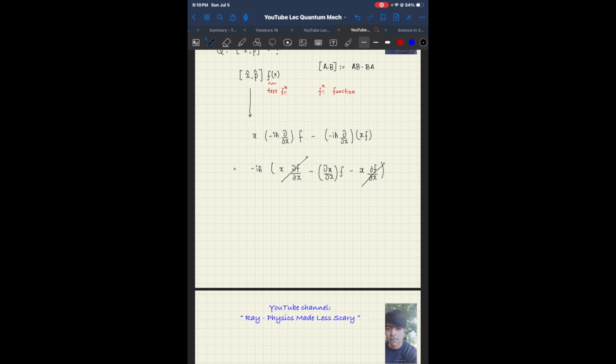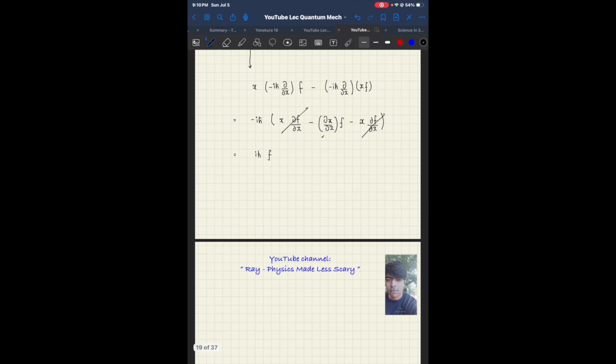So it is equal to i h bar times, sorry, I'm being too fast, times f, because this is, of course, 1. So immediately you get this relation in this basis: the commutator of x and p is i h bar f.